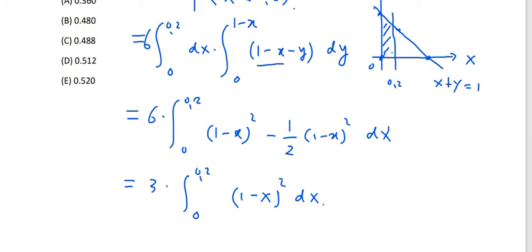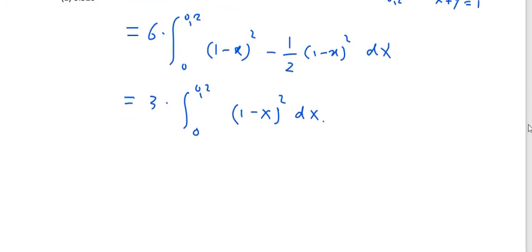For this integration, we can expand, or we can use substitution. Let 1 minus x equal t, so we have t squared dt, but with a negative sign on dt.